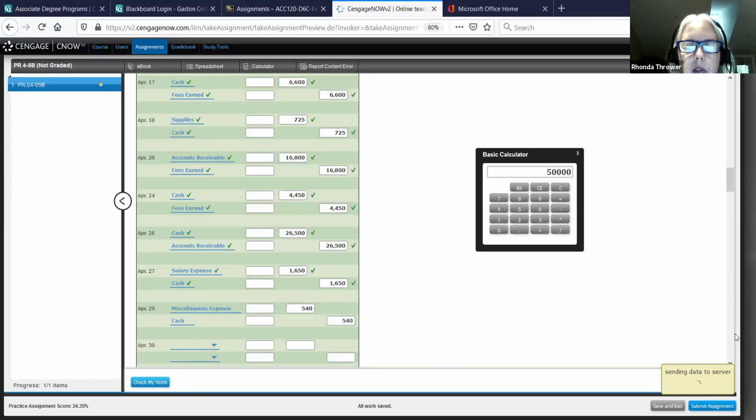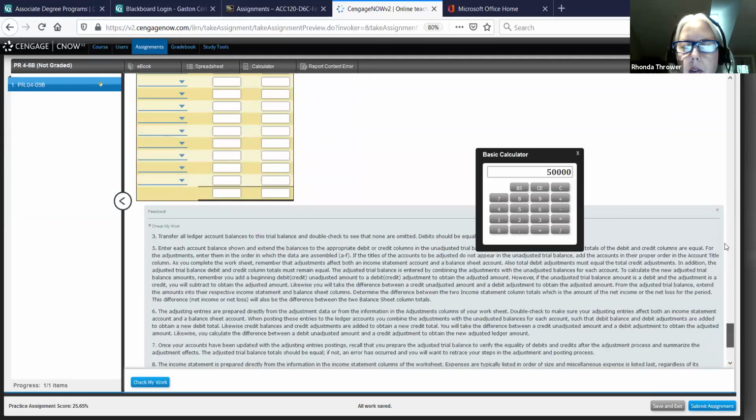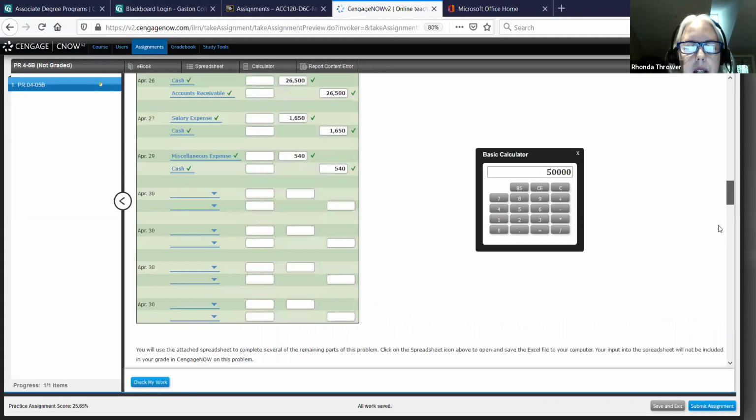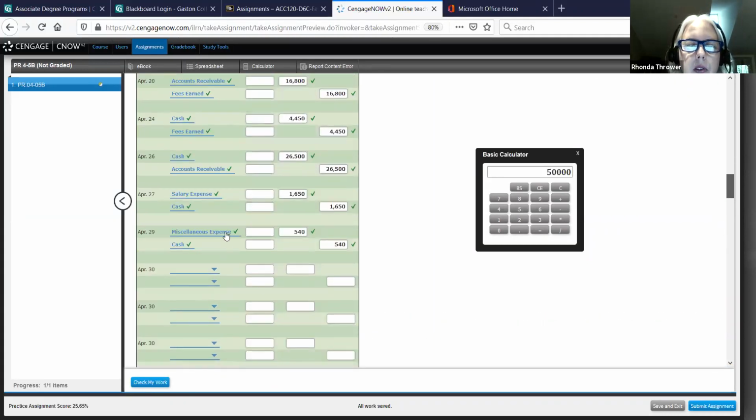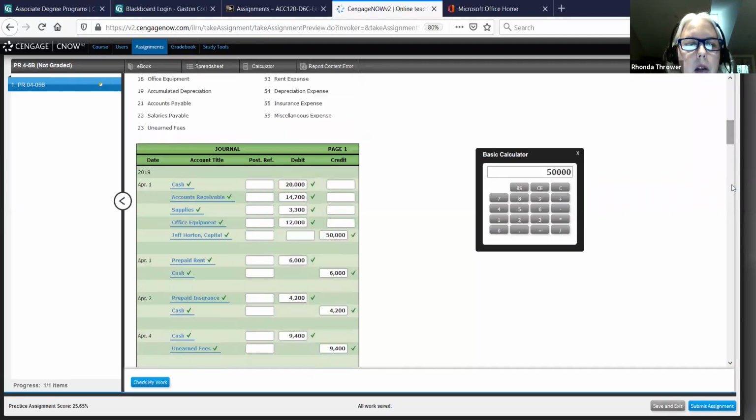But we're doing a lot of flipping up and down, so I'll try to eliminate a little bit of that. So you can see that this is correct the way they wanted you to put that. So in this problem, advertising expense and telephone expense is included in miscellaneous expense. And we're going to move on to the April 30th transaction.